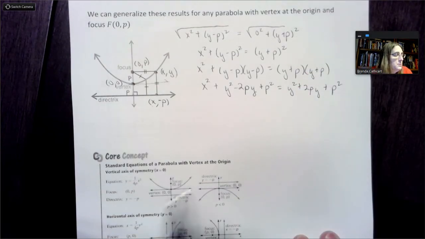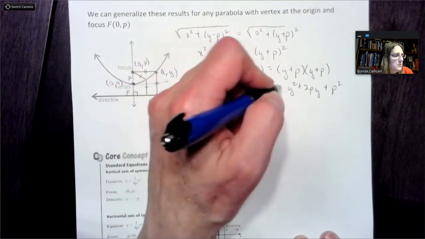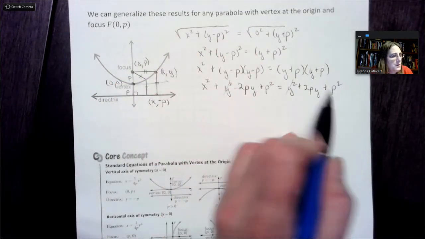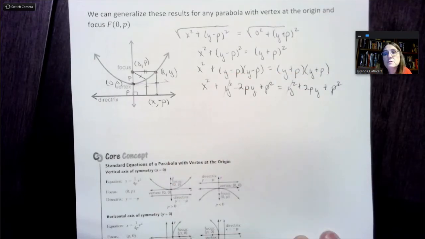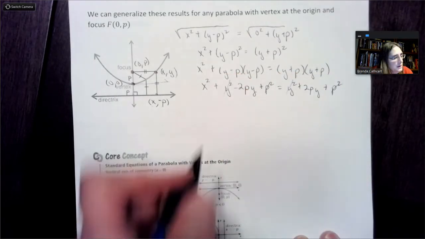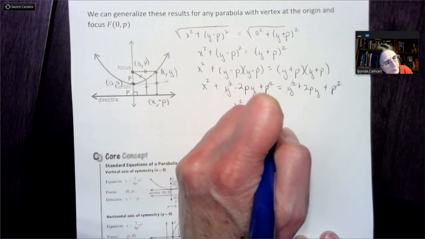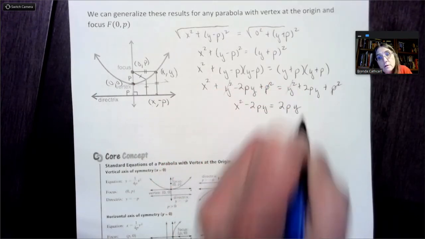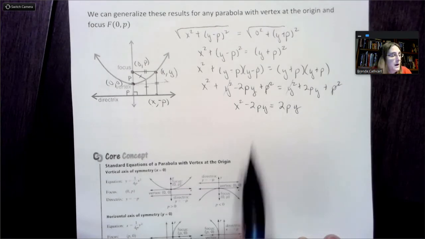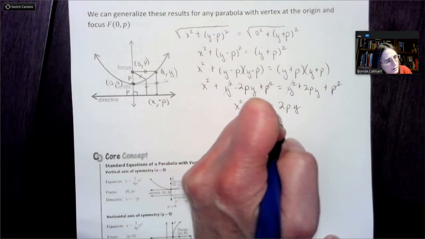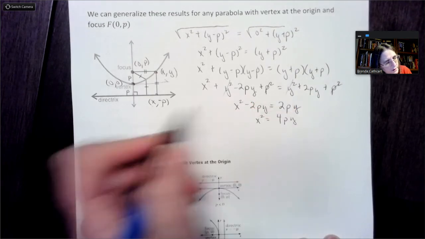Okay, so simplifying, as we subtract y squared from both sides, our y squareds go. And subtracting p squared from both sides, our p squareds go. Leaving us with x squared minus 2py equals 2py. Adding 2py to both sides of our equation gives us x squared equals 4py.